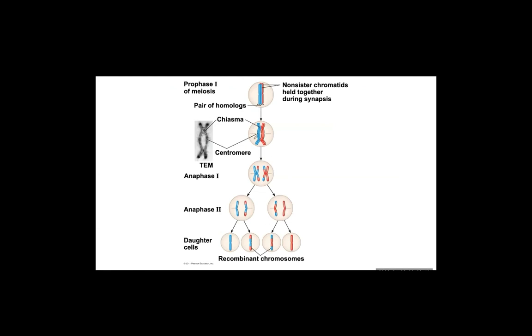Now one more time, crossing over occurs always between non-sister chromatids, and then there is chromosome portion exchange. If you look at the daughter cells, each daughter cell has a different DNA configuration. So crossing over contributes to genetic variation by combining DNA from two parents into a single chromosome.